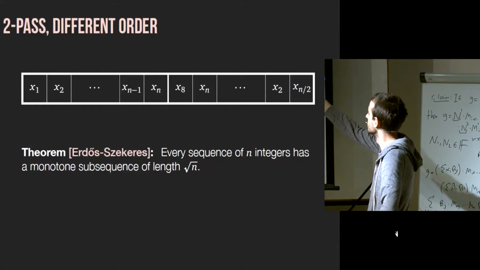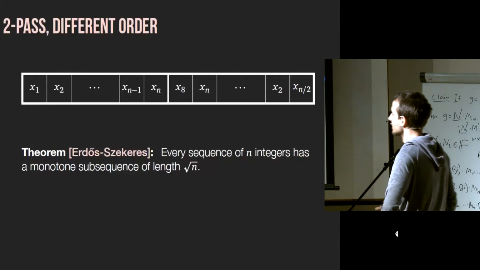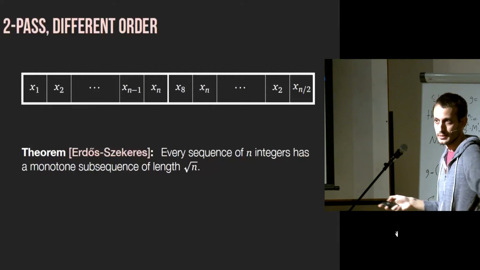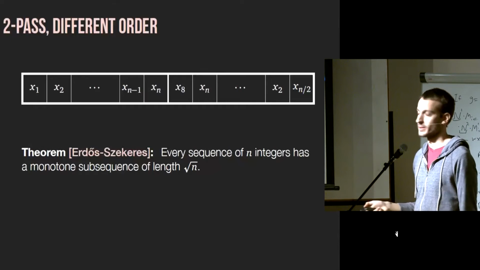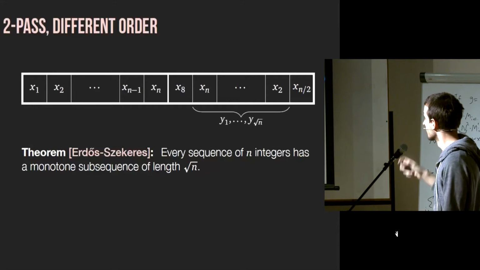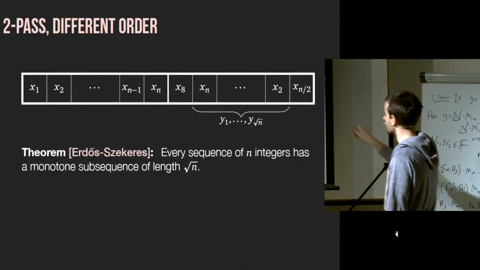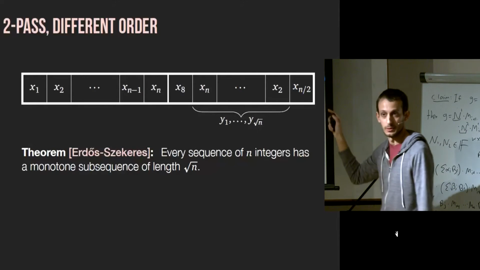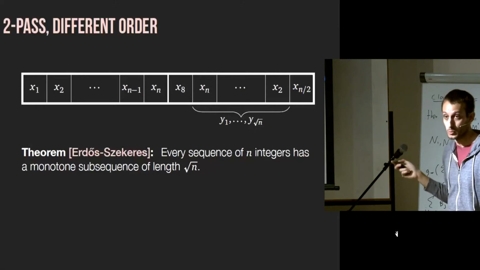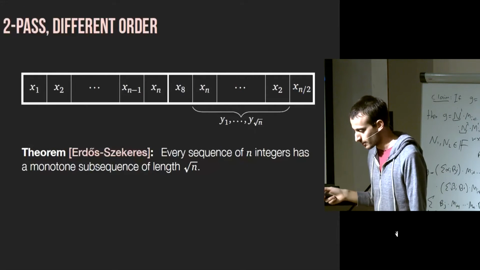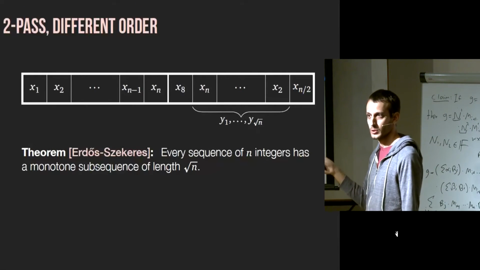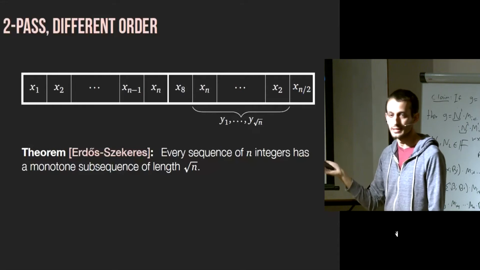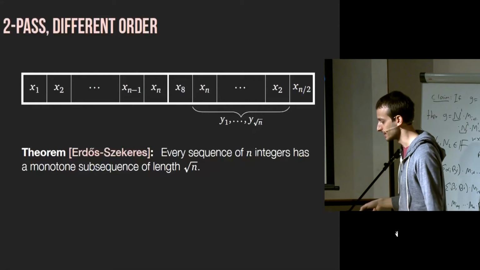The second pass is a sequence of integers. They can be in crazy order. They don't have to be in the order x1 to xn. But what we know is that we can find in this sequence a shorter sequence, which I called y1 through y square root n, that is monotone. And let's assume it is monotone increasing. The decreasing case you can handle similarly.